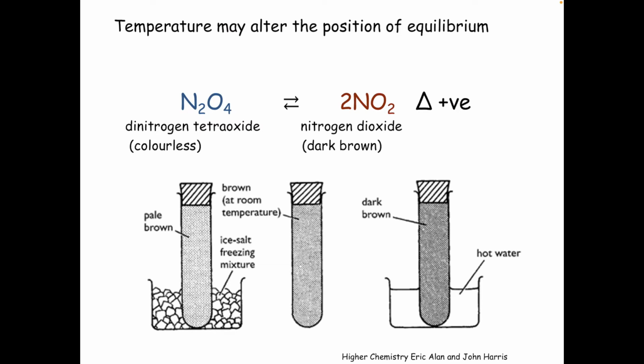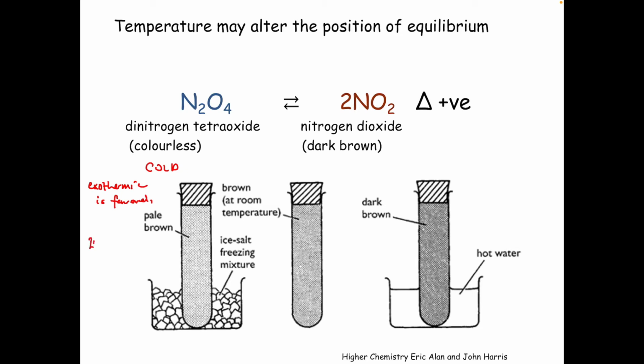If you put it into something that's cold, then it's going to want to make the energy increase to counteract you making it colder. So for this side, the cold, the exothermic is favoured. So it's going to go to the exothermic reaction.